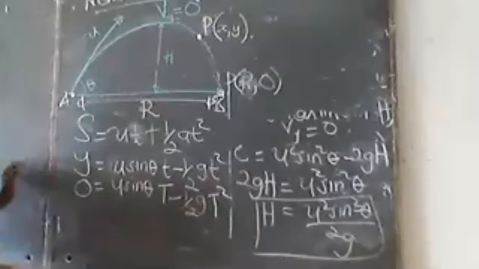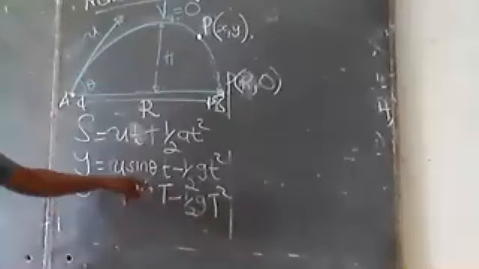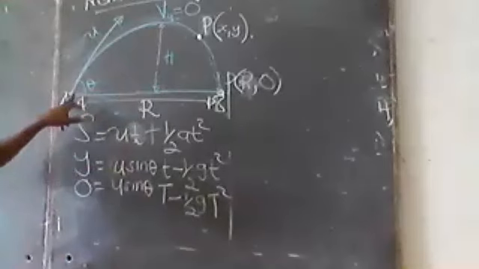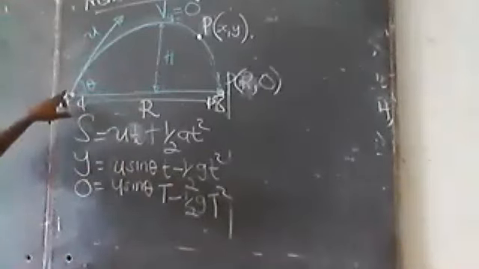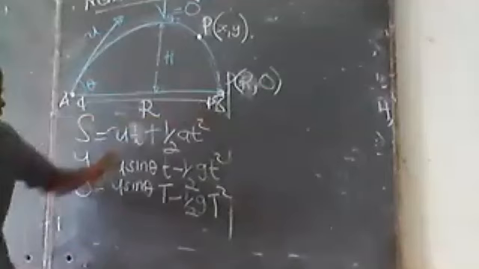So this is what we have. Capital T is the time of flight, which is the time taken for the particle from point A to point B. So this one is going to be u sine theta minus a half g t, then into t. Can we see that?